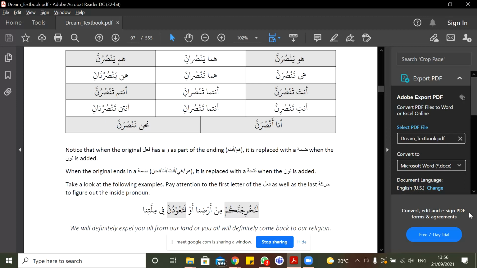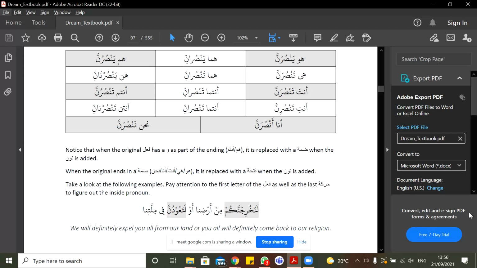So the ta'udu would be ta'udun. Now give me the fi'l mudari part. What is the fi'l mudari here? Ta'udu, it was you all.